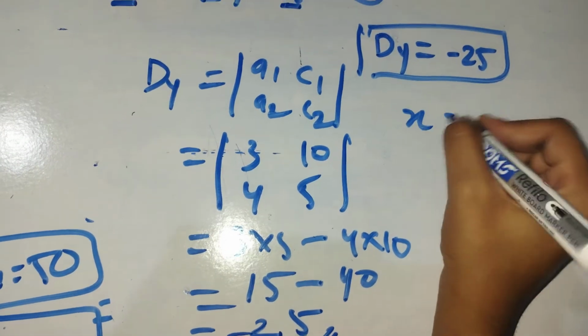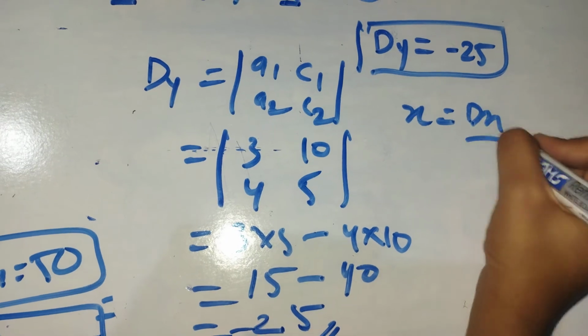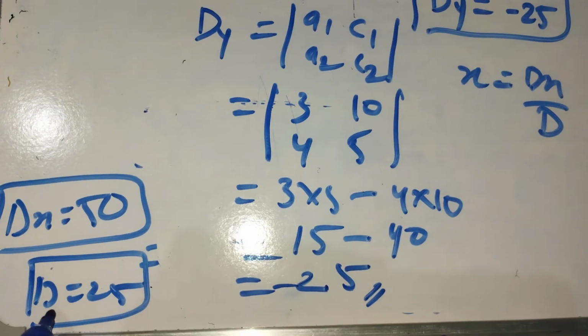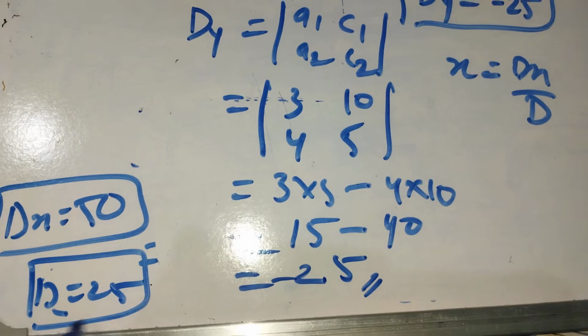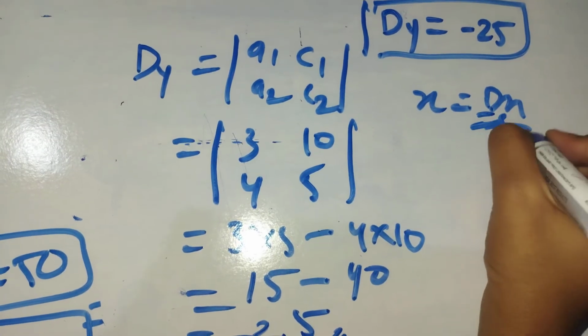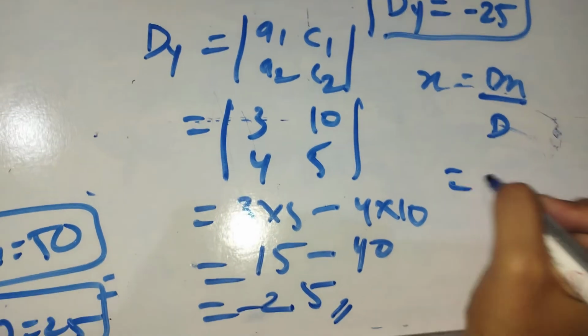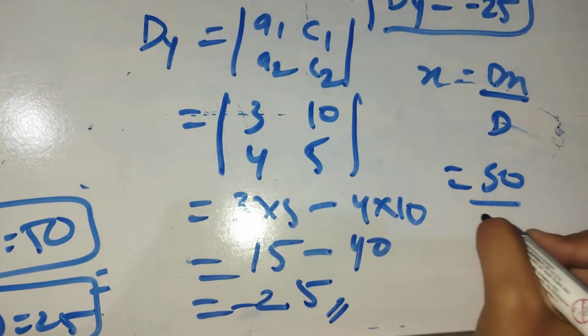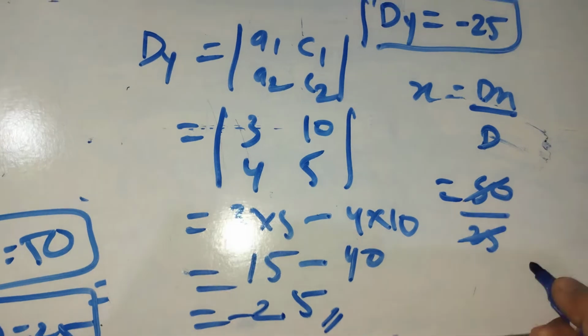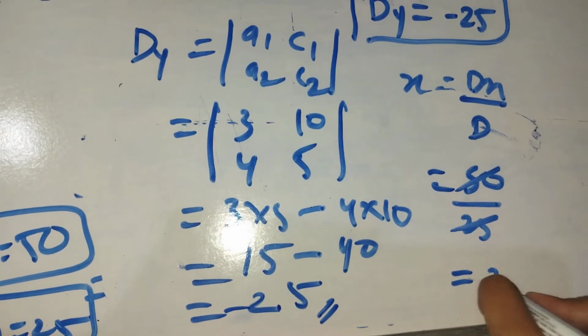Now x is equal to dx by d. Now your dx value is 50 and d value is 25. Sorry, by my mistake, dx by d. So dx is your 50 and d is your 25. So 25 twos are 50.